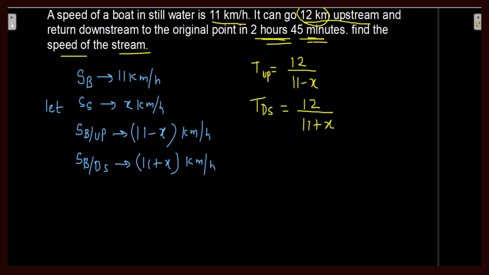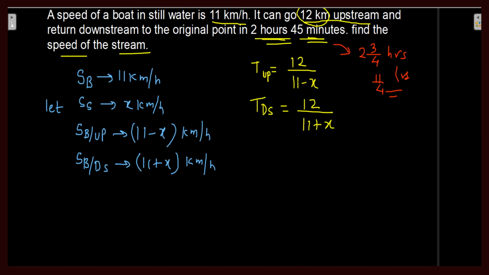Friends, here the total time taken by the boat is 2 hours 45 minutes, and 2 hours 45 minutes means 2 and 3 by 4 hours. That is 4 twos are 8, 8 and 3, 11 by 4 hours. So the total time will be 11 by 4 hours.